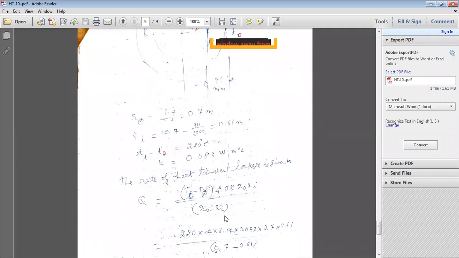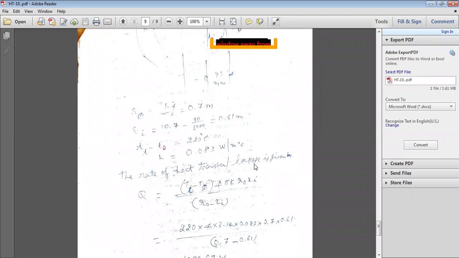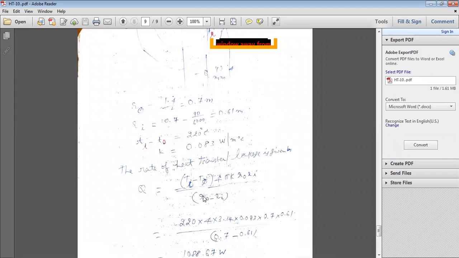So the rate of heat transfer through the sphere, here we are considering a sphere, is Ti minus To into 4 pi K into Ro into Ri divided by Ro minus Ri.